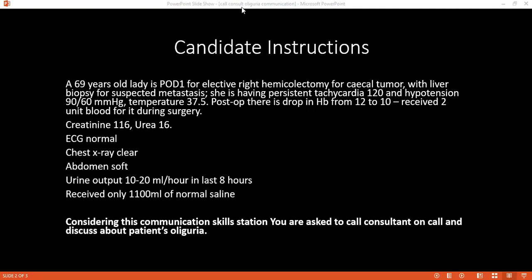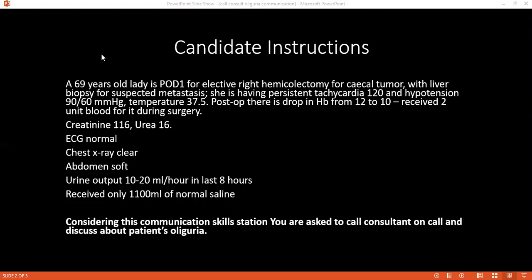Post-operatively, the patient is tachycardic, hypotensive, and the U&Es are both raised. During the operation, there was a drop in Hb and he received 2 units of blood. But now on examination, the abdomen is soft, non-tender, ECG and chest X-ray are normal.